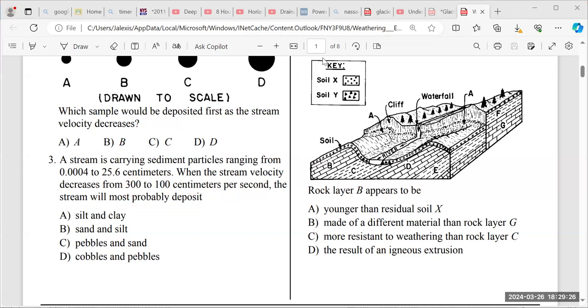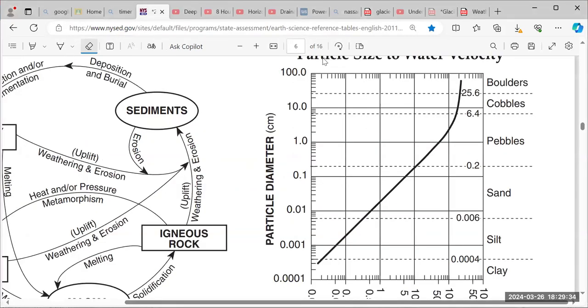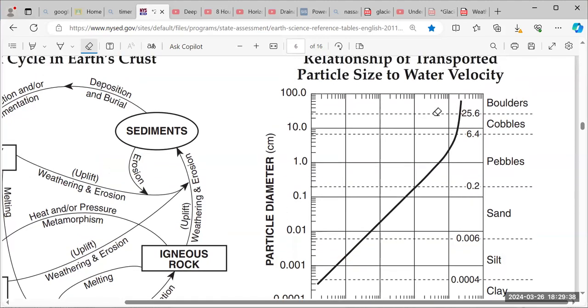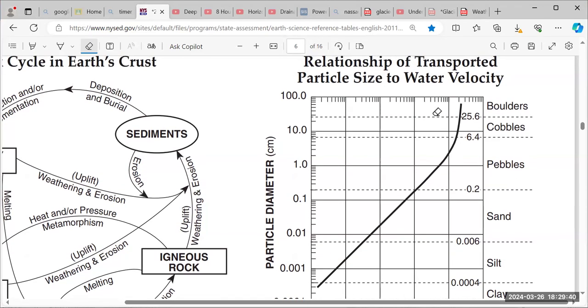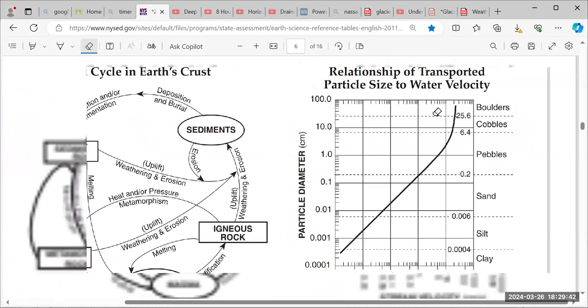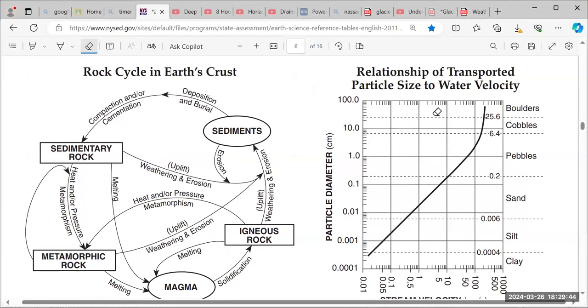What page of the reference tables shows what sediments can be transported by a stream? We're looking at page 6, and this diagram is what we're going to focus on.